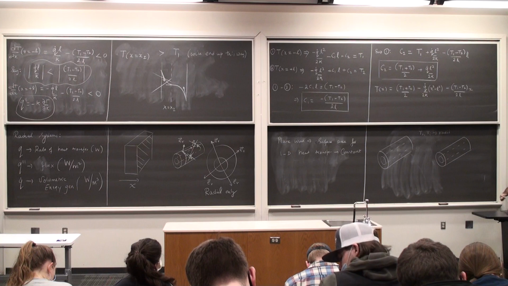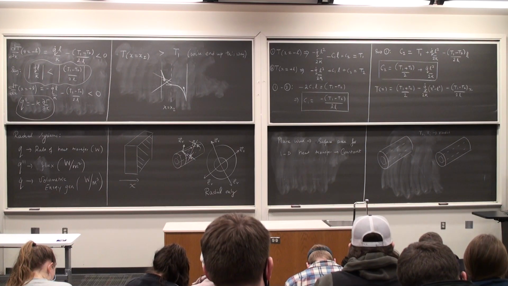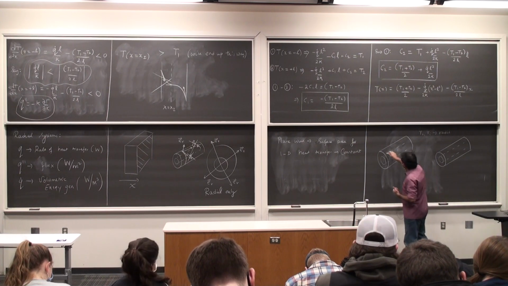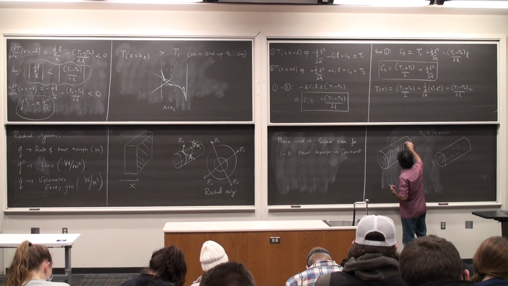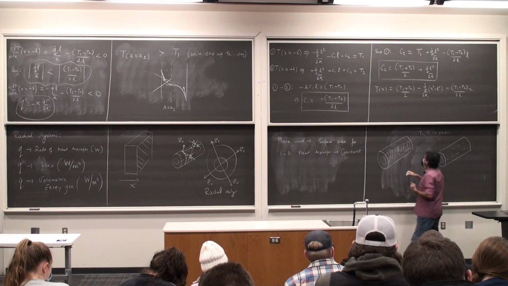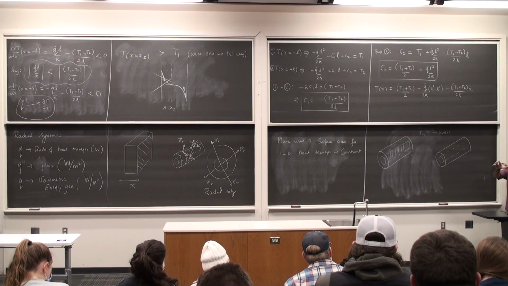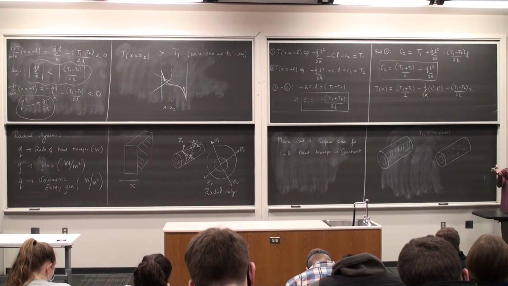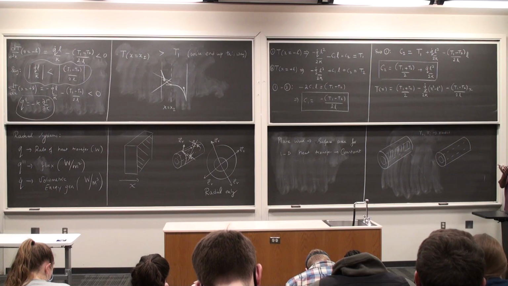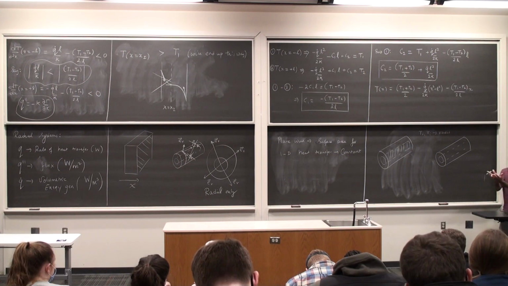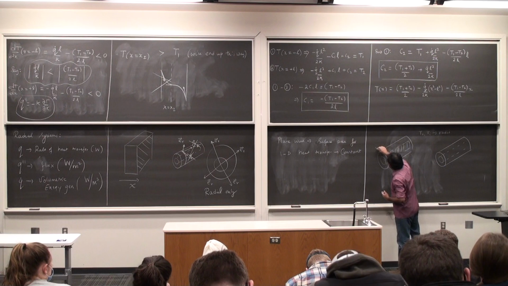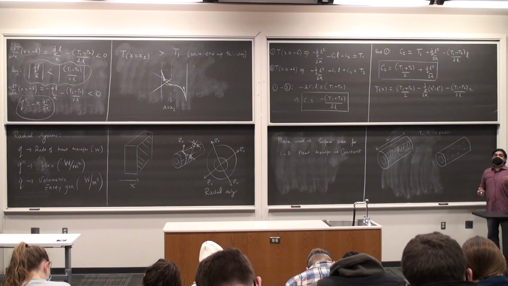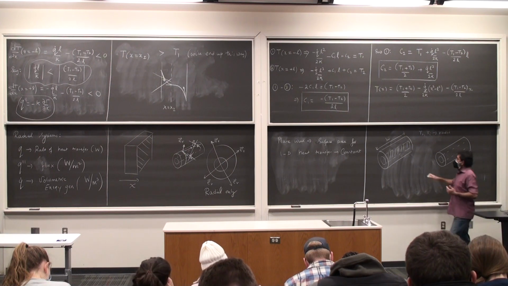O is for outer, I is for inner. If I look at the surface area for heat transfer at the inner radius, this is all I'm going to be looking at. This is the surface area for heat transfer, because I'm assuming that heat transfer is only radial, so the direction of heat transfer is going to be aligned with the direction of the area normal in the radial direction. If I call this length L, what is the surface area? 2 times pi times Ri times L.